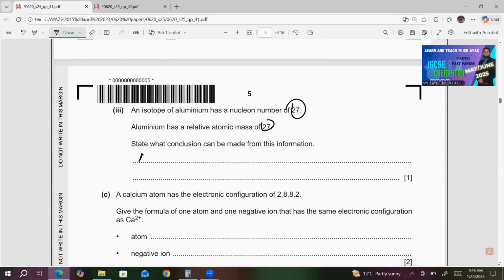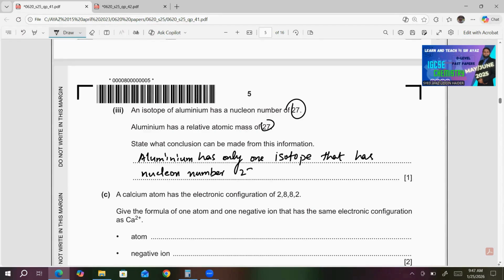So I'm going to write: aluminium has only one isotope that has nucleon number 27. Stay in the line. Don't write outside this line.